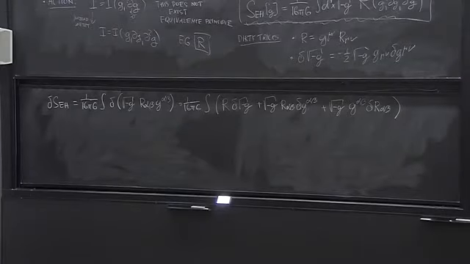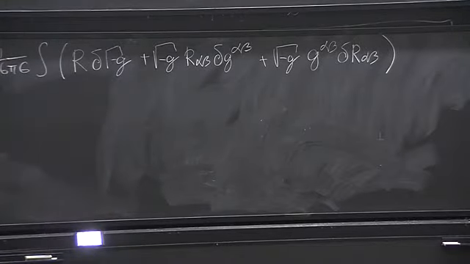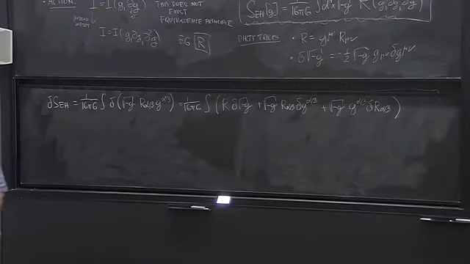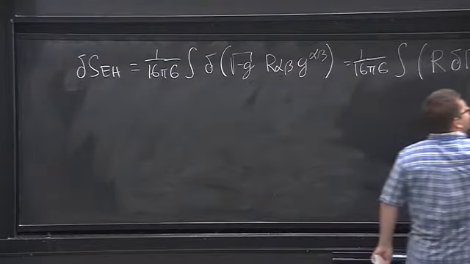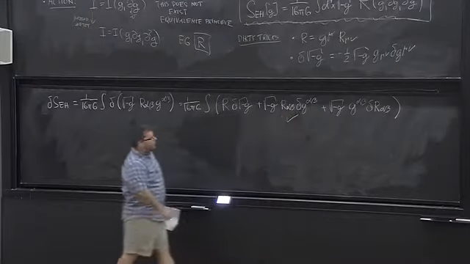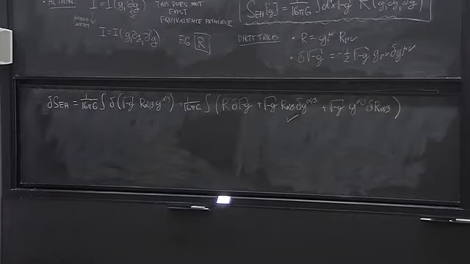I want to write it as something times delta g alpha beta, and whatever that something is has to be 0, and that's my equation of motion. The second term is the simplest one, and I'm done with it, since I have already written it as something times delta g alpha beta.